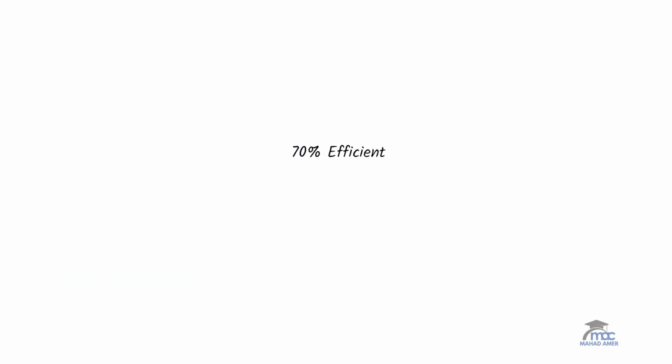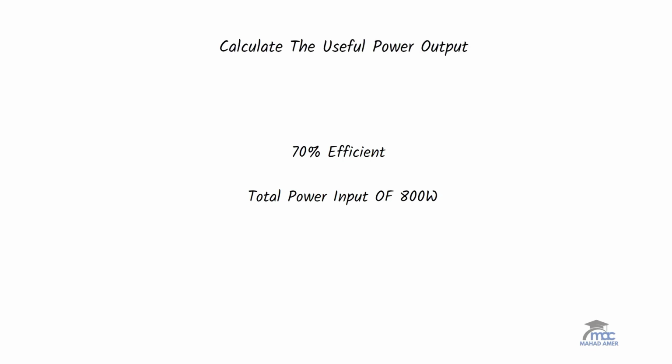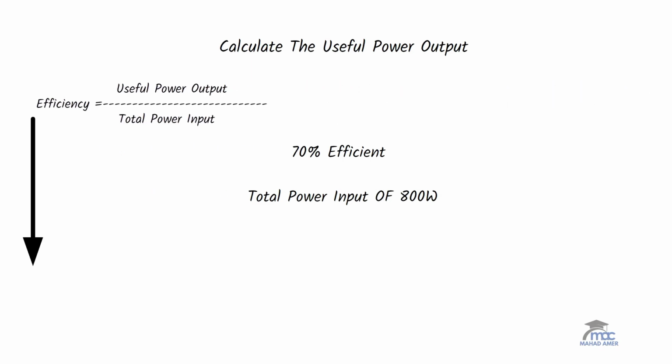Now we'll take an example of a 70% efficient microwave, which has a total power input of 800 watts, and you have to calculate the useful power output. Firstly, you'll take the efficiency equation which uses power. Then you have to rearrange it to get useful power output as the result.